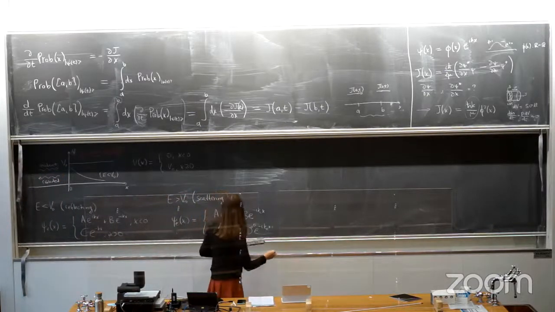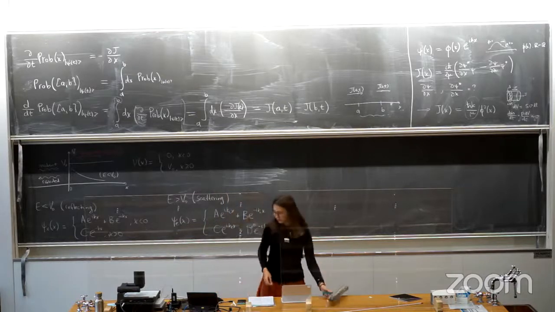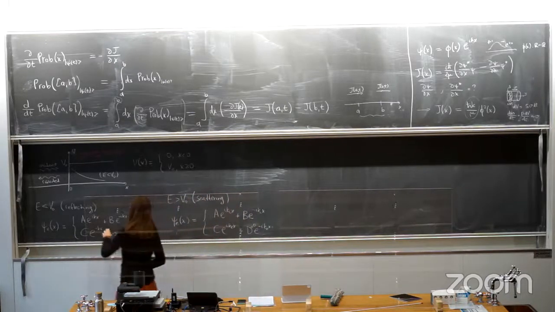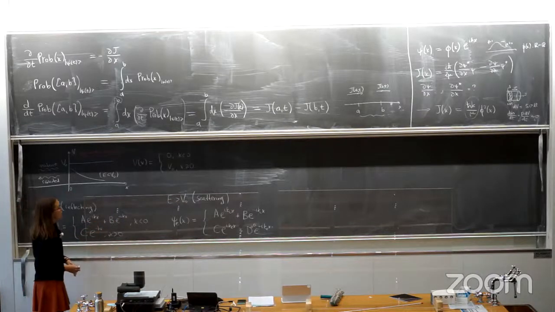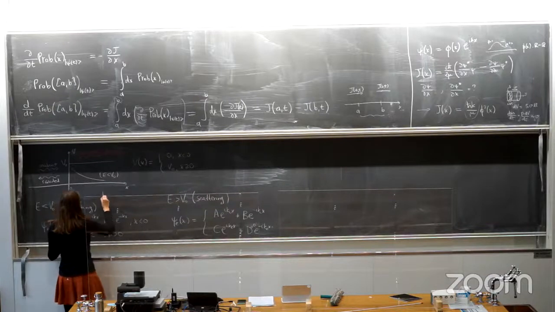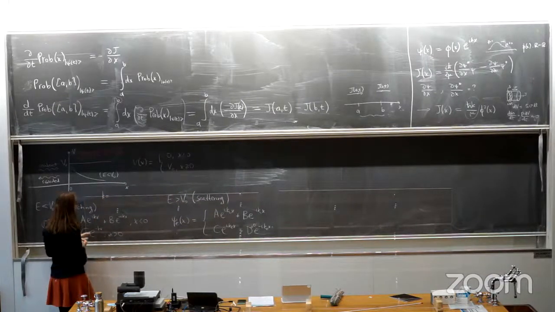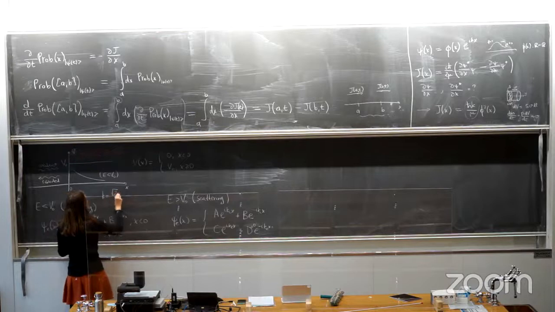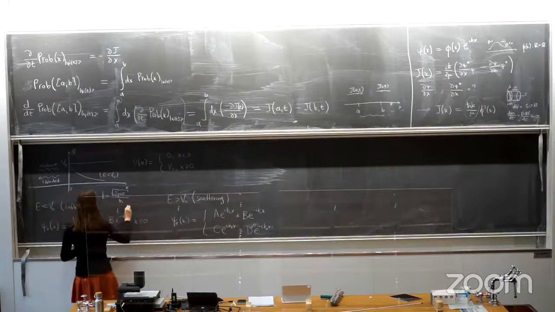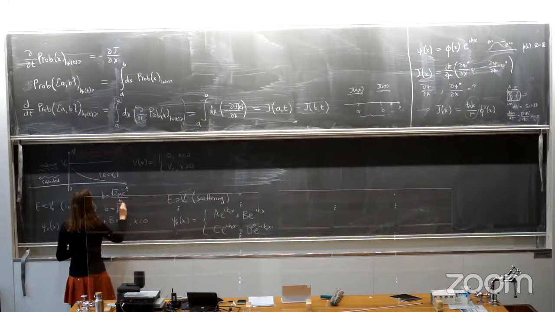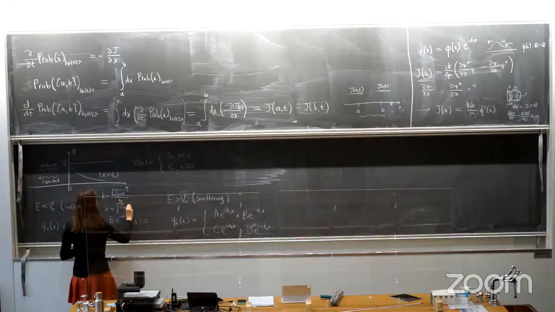Okay, and I also didn't write how these coefficients k, κ, k_L, and k_R are connected to the parameters of the problem. So k here is equal to the square root of 2 mu E over h bar, and κ is equal to the square root of 2 mu (V0 minus E) over h bar.